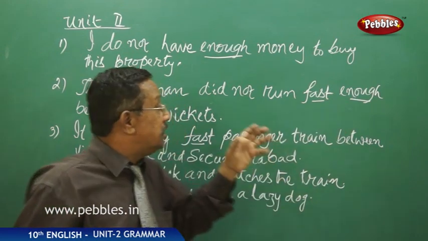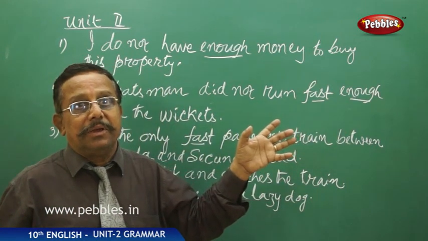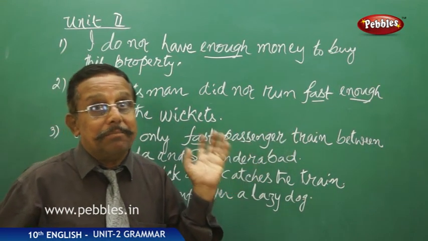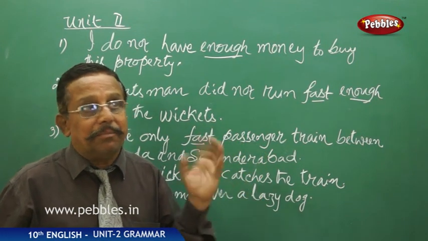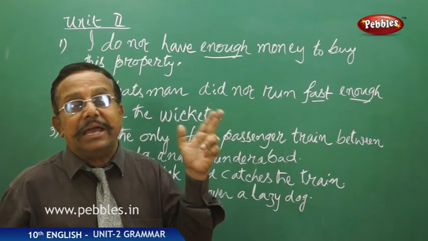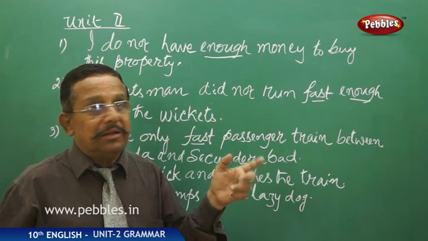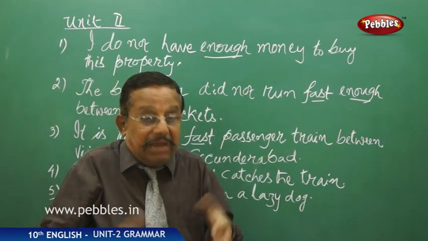That is fast enough, quick enough, bright enough. See, bright enough. Bright may be an adjective, but after that we are using enough, and so it is an adverb there again.